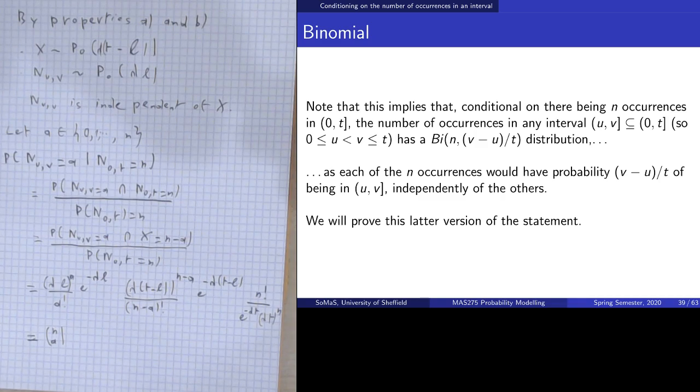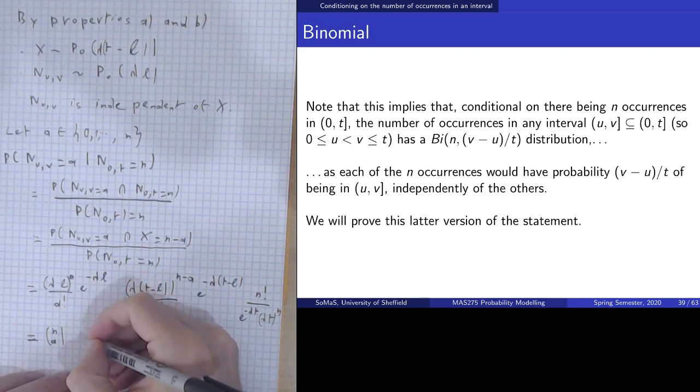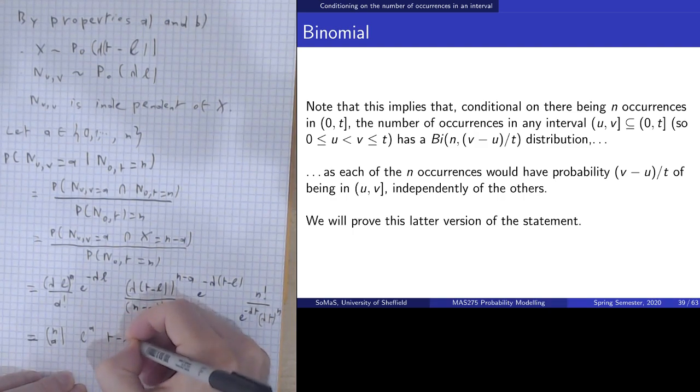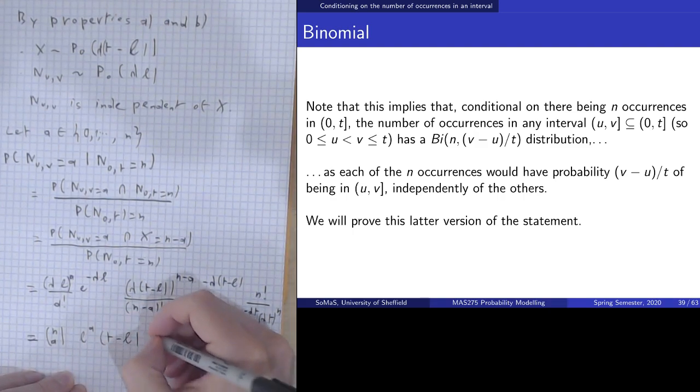What about the exponentials? e to the minus lambda L, e to the minus lambda (t minus L). When multiplied, they become e to the minus lambda t, which disappears with that. And so we're left with just L to the power A, (t minus L) to the power n minus A.